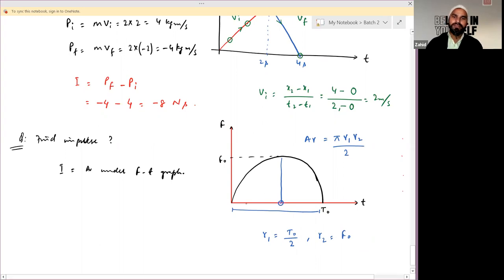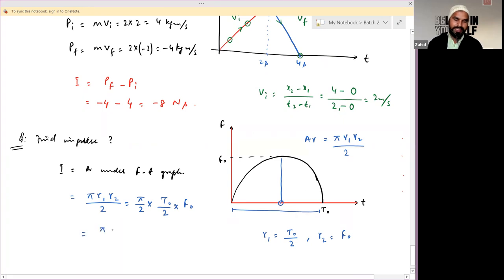Now, since this particular curve is behaving as a semicircle, in physics the area of a circle is defined as pi r1 into r2. R1 will be the radius along the x coordinate, and r2 will be the radius along the y coordinate. So you'll get pi r1 into r2 over 2. So pi by 2, r1 is t naught by 2 and r2 is f naught.